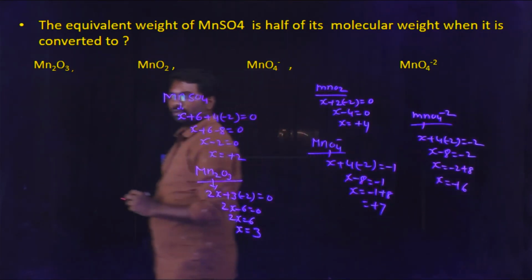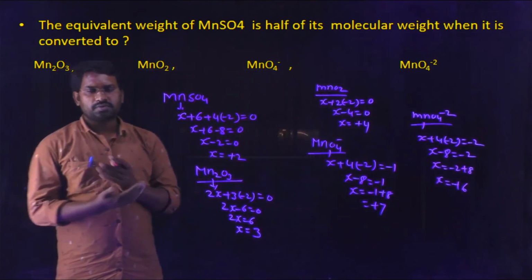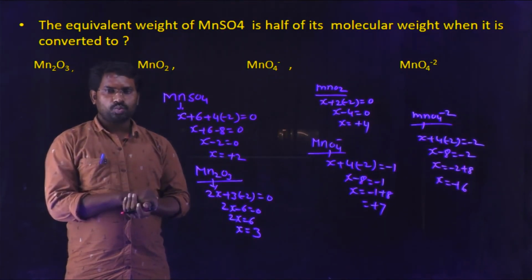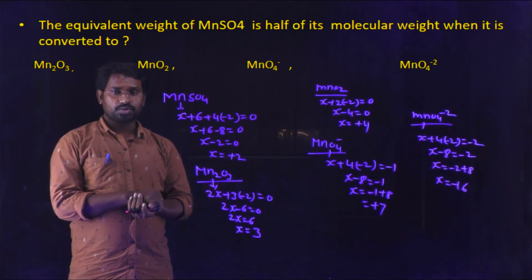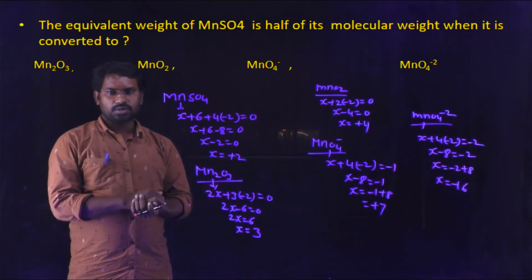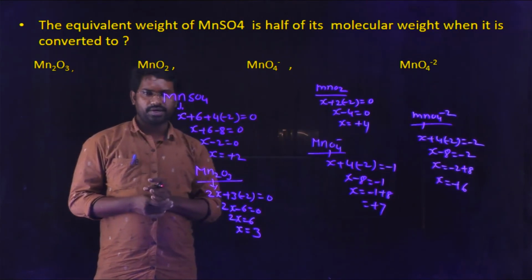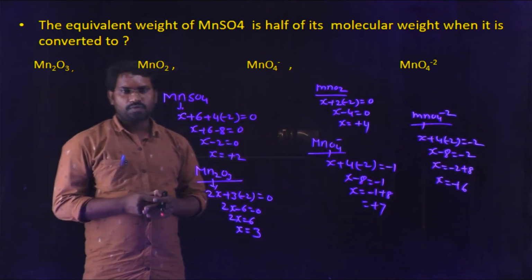According to the question, the equivalent weight of manganese sulfate is half of its molecular weight. So which condition is favorable for the equivalent weight of manganese sulfate to be half of its molecular weight?